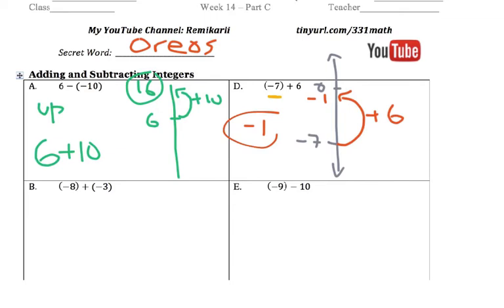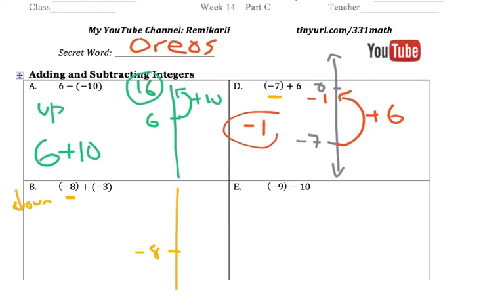Alright, for B, we have 2 negatives, and that can look a little confusing, but I remember that this first number is our starting point, so we're going to start at negative 8, and then we're adding a negative, so I think of Carl's house, and we're adding weights to the house, which is going to pull it down. So this one is really going down.